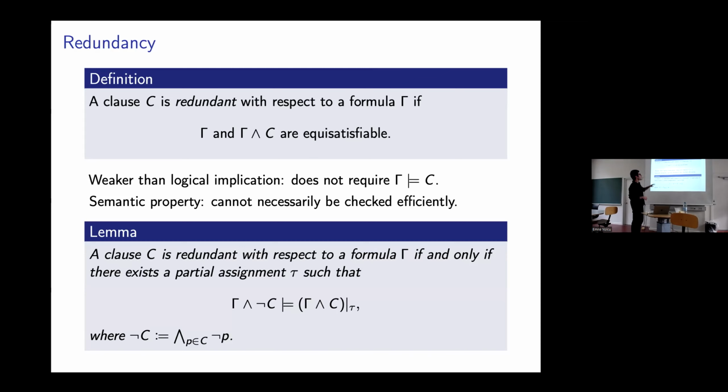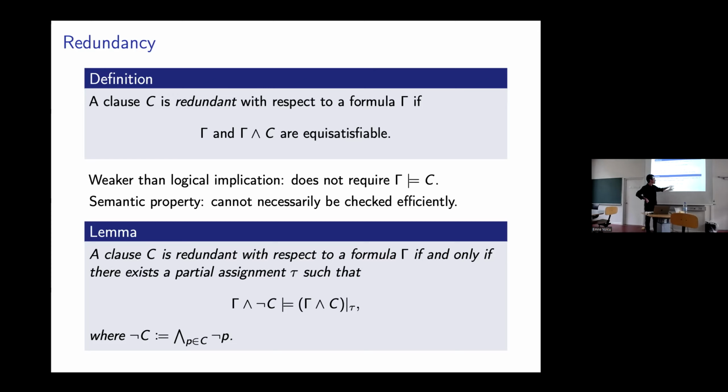So a clause is redundant if and only if there exists an assignment such that this holds. Let's parse this together. This means that you're restricting your formula under a partial assignment. What that means is you look at your formula, let's say it's a CNF, a set of clauses.